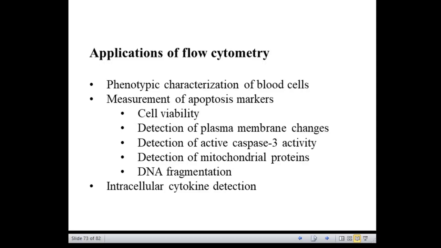To begin with, how is flow cytometry used for the phenotypic characterization of the blood cells? I have used this word immunophenotyping, or the phenotypic characterization of cells. It is about the identification and quantification of a specific cell group in a mixed population.